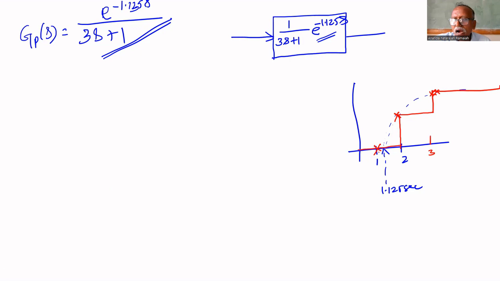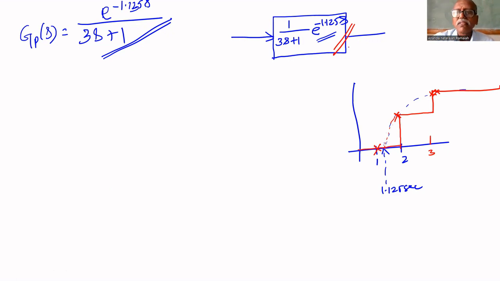After 2 sampling periods only you get a value, because this delay is greater than 1 sampling period. Up to 2 sampling periods you won't get any output because it is a sampled data system, not the continuous domain. In the continuous domain you are getting a value before that, but in a sampled data system you won't, because the sampler will see only at the second sampling instant. Till then, any output that comes, it won't see.